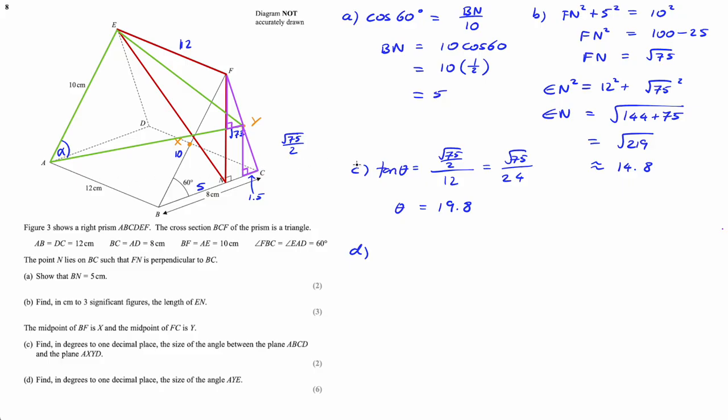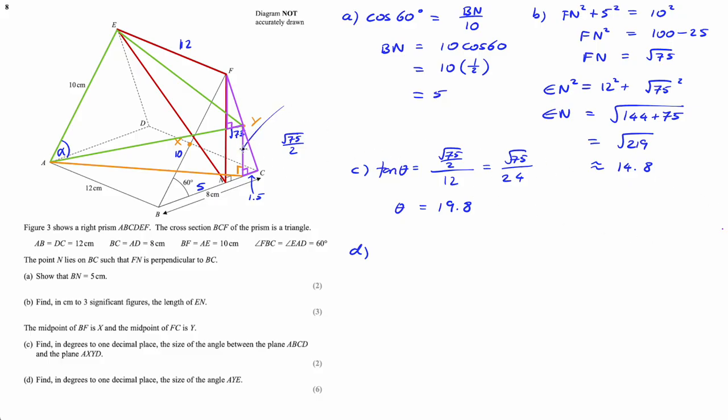So what I want to do here, guys, and I'm low on colors, we want this triangle here to get the length AY, because I can get this length here and I can get this length there. Okay, sorry, this length is root 75 over 2. Okay, so that's useful.